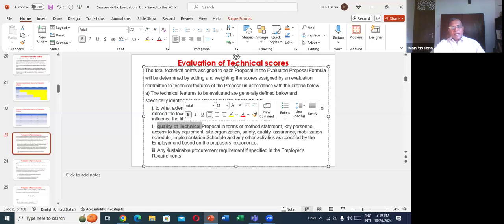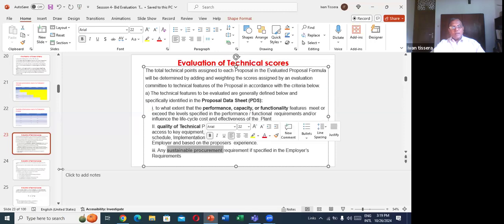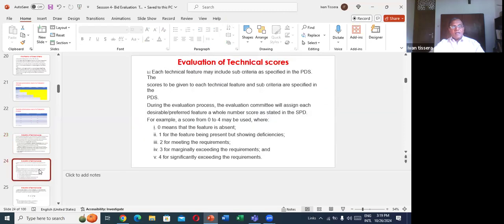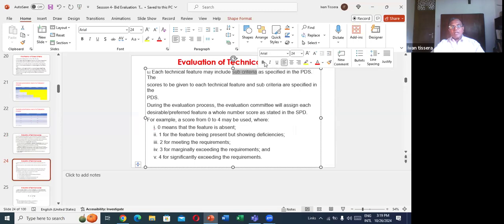Number two, sustainability. There are 3 points we get under sustainability. All right, this is how they have given. Each technical feature may include sub-criteria. Earlier, we didn't consider sub-criteria, only main criteria.